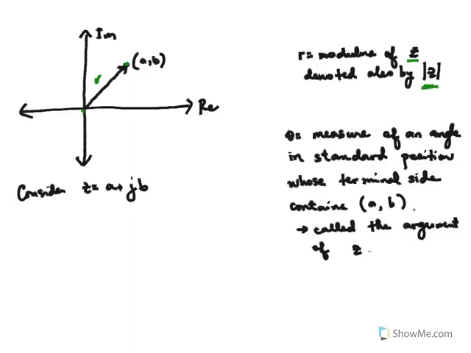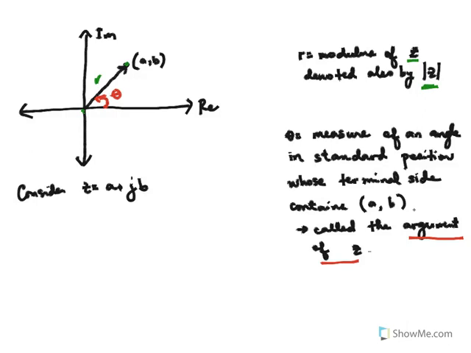or it is also denoted by the symbol for absolute value of z, that denotes the modulus of your complex number. And then from the positive x-axis, you can measure an angle in the counterclockwise direction to the terminal side of your complex number. We denote that by the symbol theta, which is what you call the argument of your complex number z.